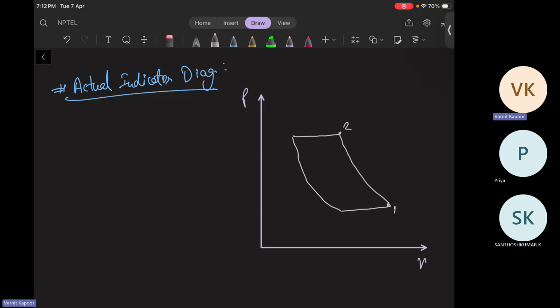1, 2, discharge, expansion, and suction. Okay. But in actuality, when the suction process is happening, the pressure inside the cylinder should be lower than that of outside ambient. So pressure should be lower, as we have seen in the IC mechanism. Then your compression happens. So your pressure of suction should be lesser.